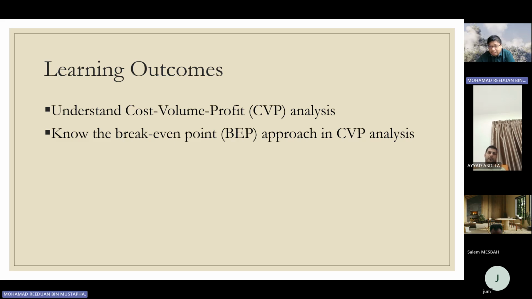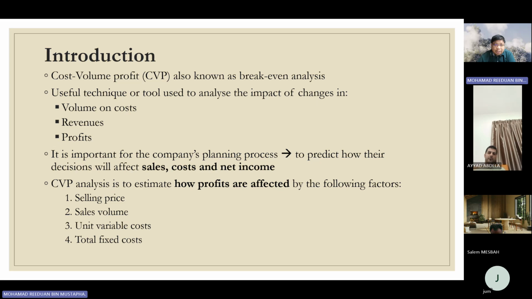So it's just 0. If you produce less than the break-even, then you lose. If you produce more than the break-even point, then you profit. So you need to identify your break-even point. The cost-volume-profit analysis is also known as break-even analysis.